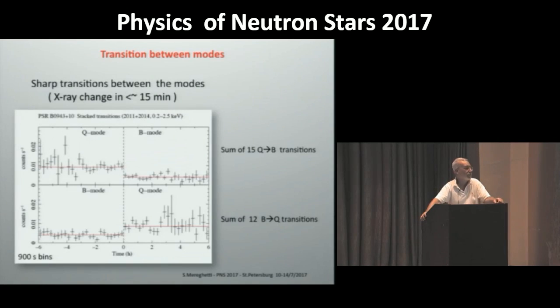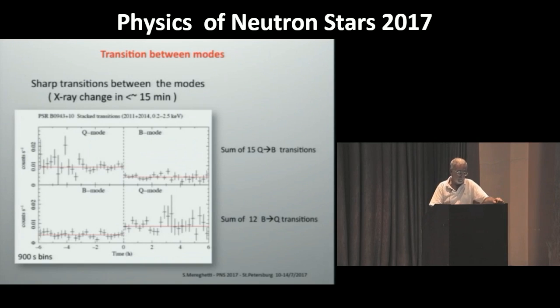Any more questions, Matthew? Matthew there. Sandro, since you raised the possibility of return current heating of the polar cap, this is a very small polar cap size. So what constraints can you get from the pulse fraction on the polar cap size and the inclination angle?